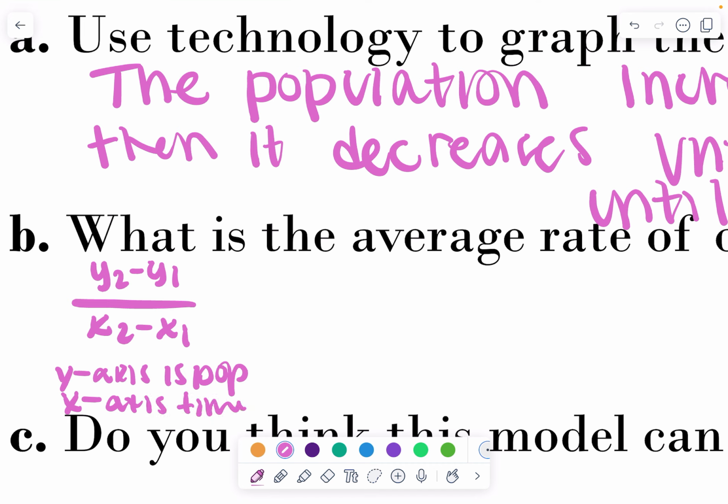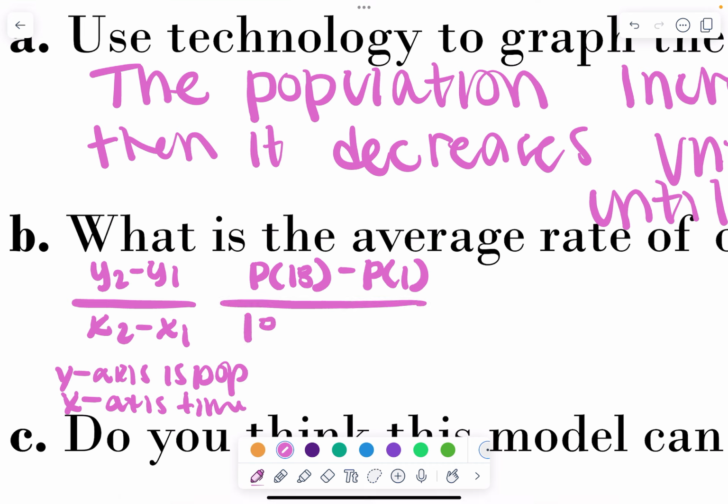So that means when the population is at year 18, I'm going to subtract it from the population at the first year, 2001, and then my x values are 18 minus 1 because it's year 18 and year 1.